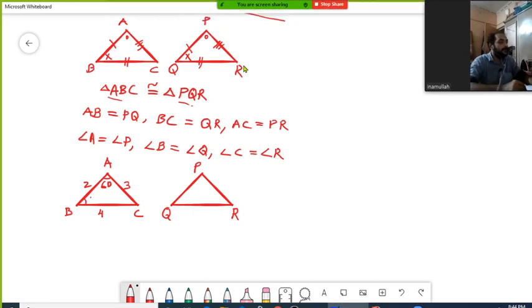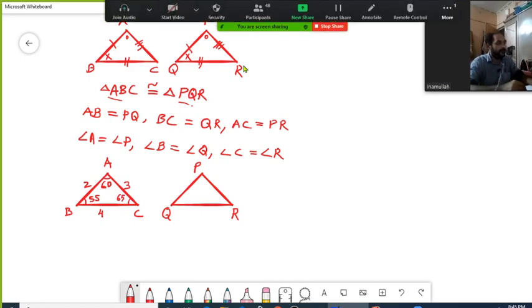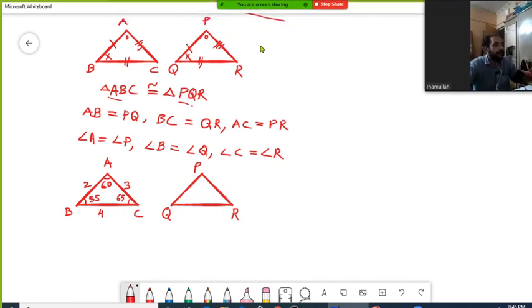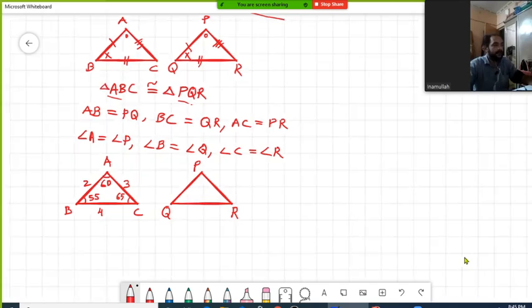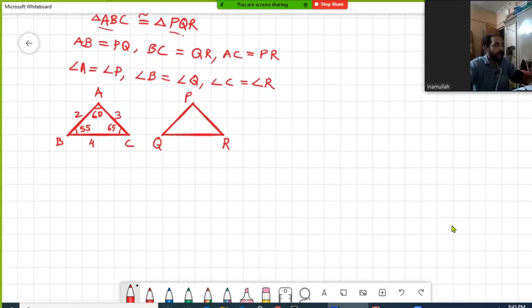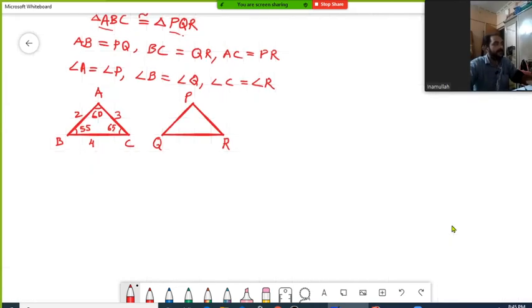This angle is 55 degrees. So what about angle C? Is it 65? So this is triangle ABC. In triangle ABC, all three angles and all three sides are given.